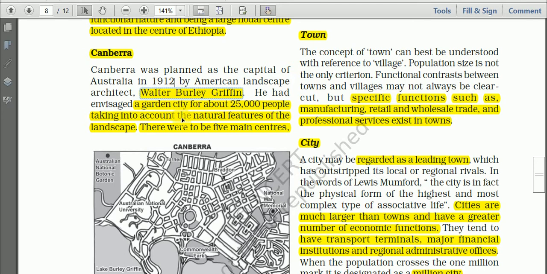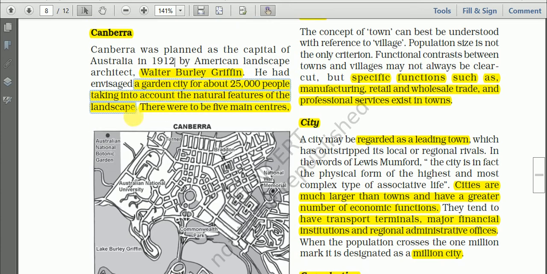Actually, he planned this city as a garden city for about 25,000 people, taking into account the natural features of the landscape. While planning Canberra, he took into account the natural landscape, just like Addis Ababa.